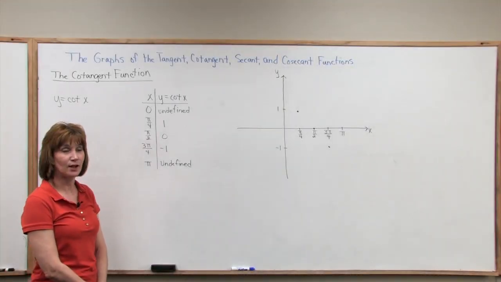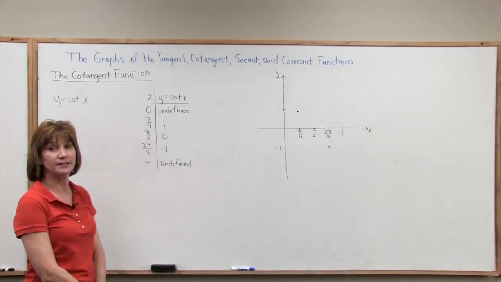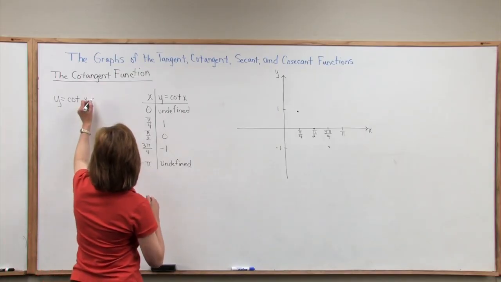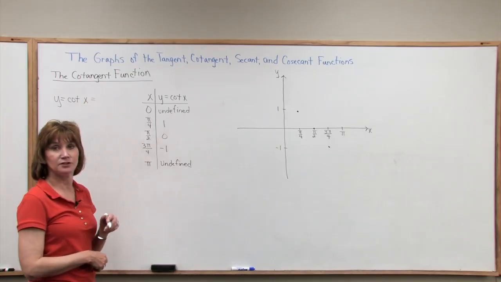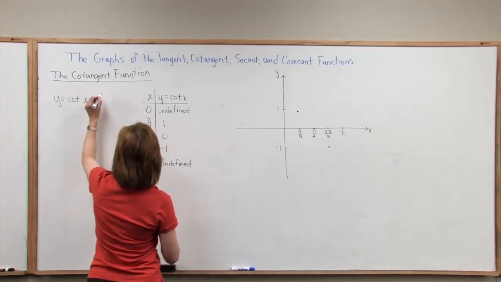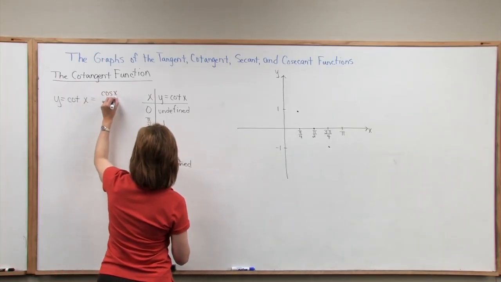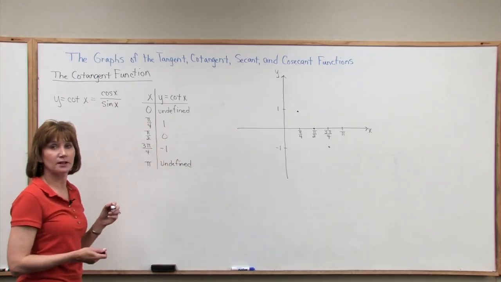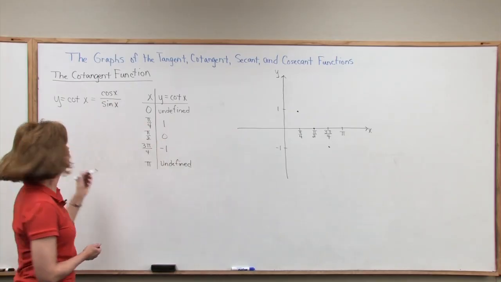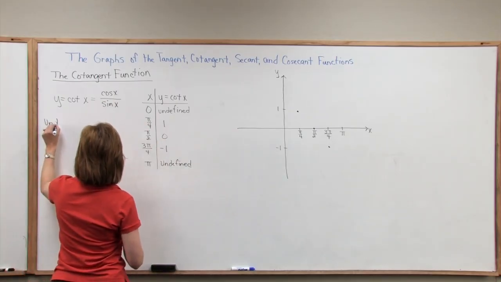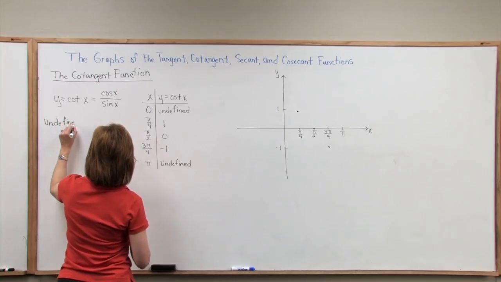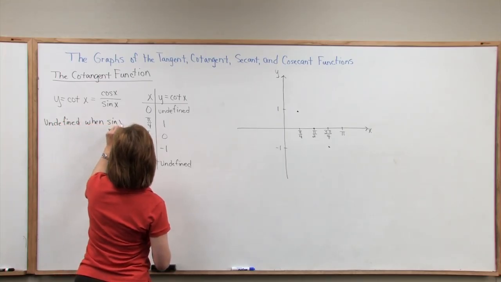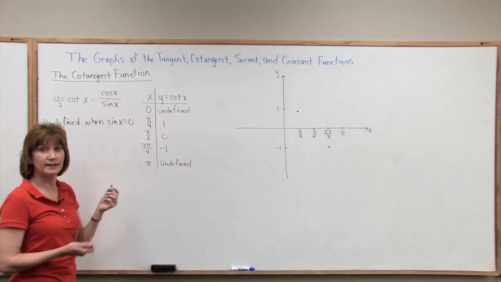Let's take a look at the cotangent function, y equals cotangent x. First thing I want to use is, remember, the cotangent function, used in the quotient identity, is the same thing as cosine x over sine x. So this means the cotangent function will be undefined when sine x is equal to 0, and when does that happen?